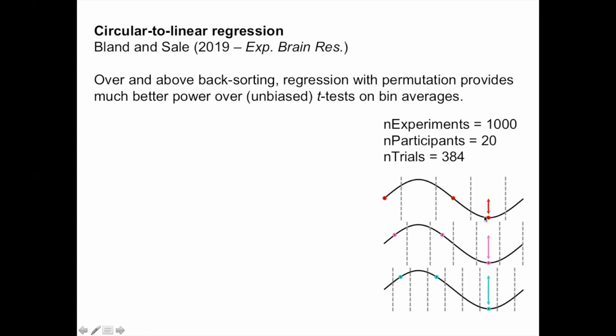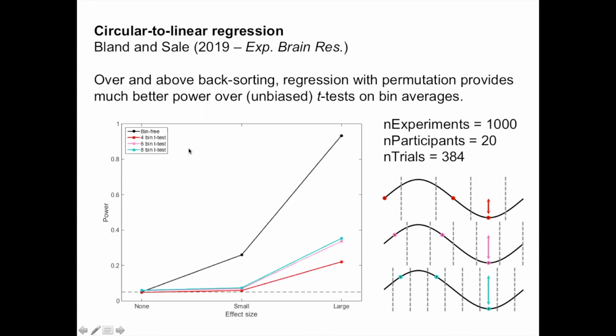And I'm going to compare those to the phase bin that's opposite, exactly 180 degrees away. And I'm going to contrast those to the regression approach with no backsorting. So over and above backsorting, regression with permutation is much better than performing t-tests. The differences here are quite massive. And the main reason for this is that the t-tests are only being performed on a subset of the trials. So I've left the original bin-free regression approach there just as a point of comparison.